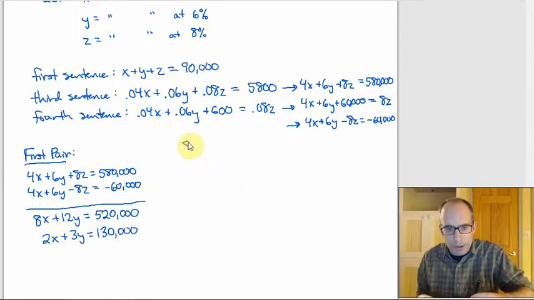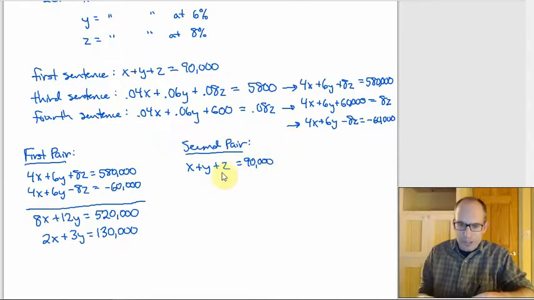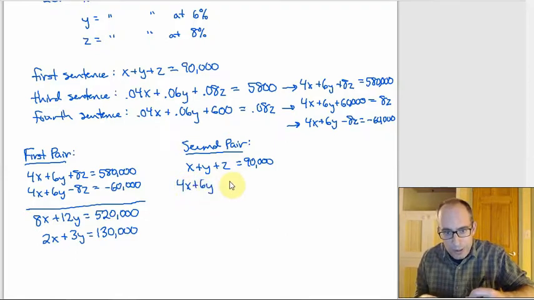Then the second pair, we didn't use that first equation from the first sentence, so we've got to use it now. So x plus y plus z equals 90,000. And then I guess I'll use the bottom one, since the z term has the opposite sign and we've got to get rid of z here. So 4x plus 6y minus 8z equals negative 60,000.